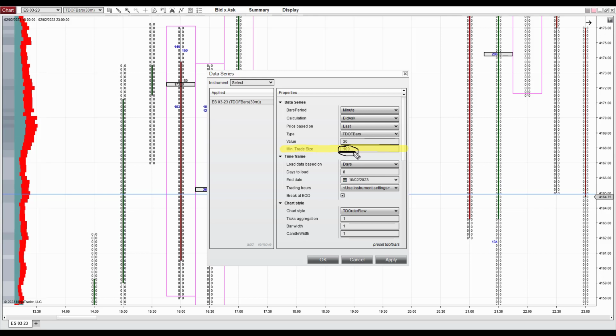Now, what I recommend is set this setting, at least for the ES, to 100, as this will filter out a lot of the noise and leave out only the biggest orders. And this is ideal if you are trading the US session, which is the busiest session on the ES, and the heaviest volumes here by far are traded in the US session.